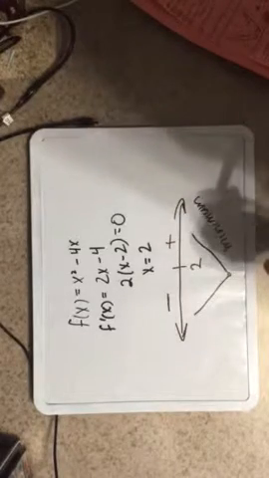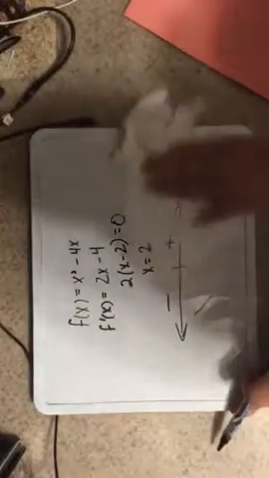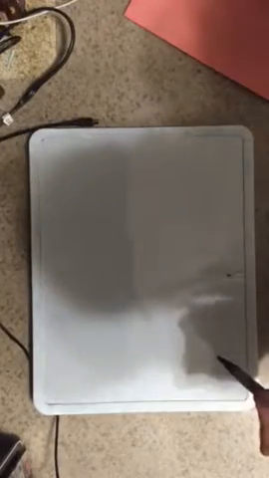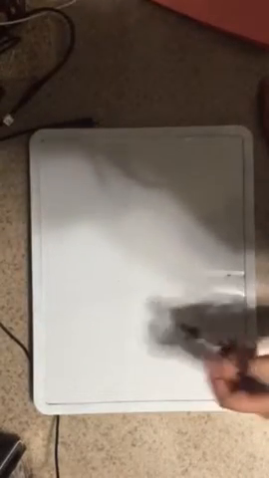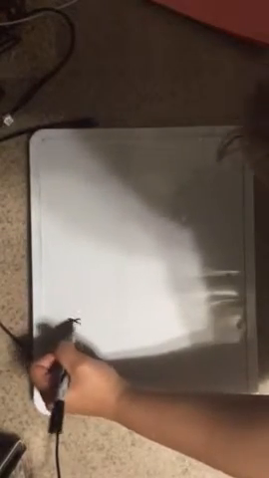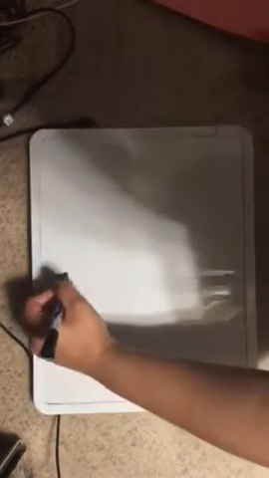So that problem was pretty easy, and so let's make it a little more difficult. Let's do f of x equals x to the 4th minus 32x plus 4.